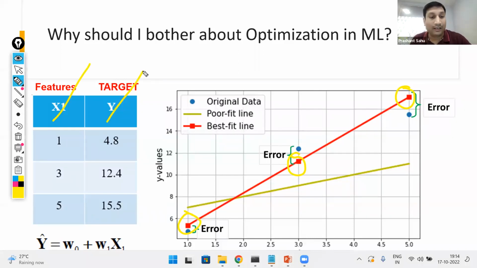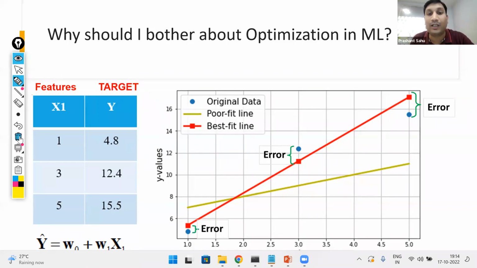And then you have some predictions coming from the model. The predictions coming from the model are everything along the straight line, and the original data points are given in the blue circles. If you see, there is some difference in the predicted value. Which are the predicted values?